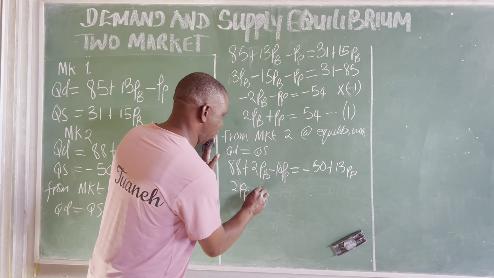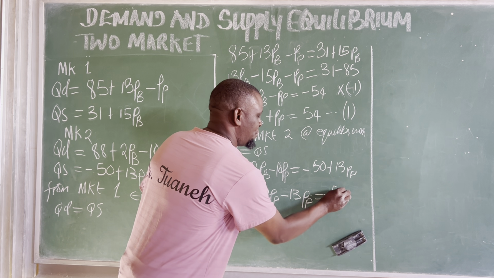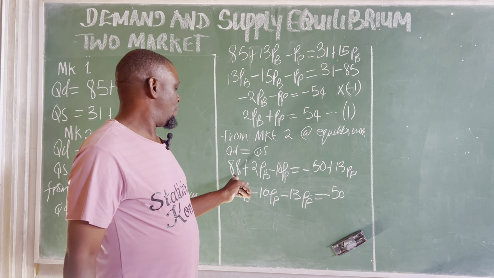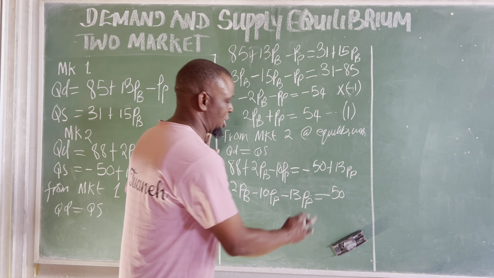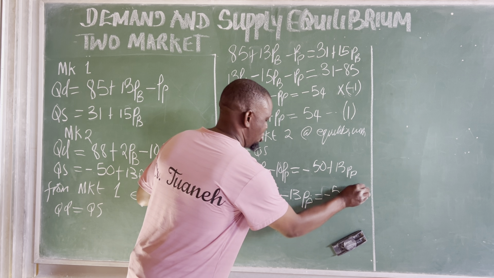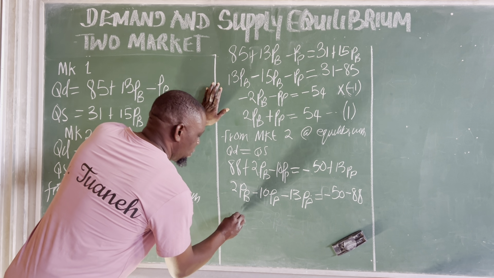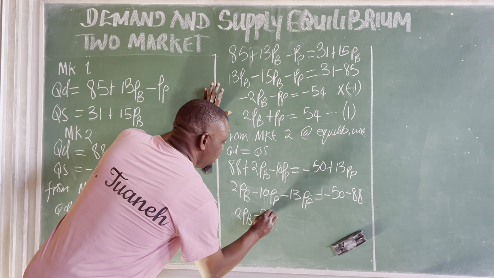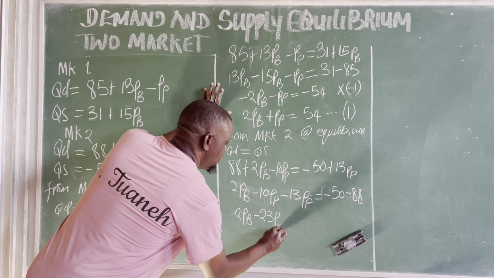Then that will be equal to, after the equality sign, we have minus 50. And then there is another constant term here, 88. Plus 88 will cross the equality sign and will become minus 88. So that 2 PB, minus 10 PP minus 13 PP, will be minus 23 PP.